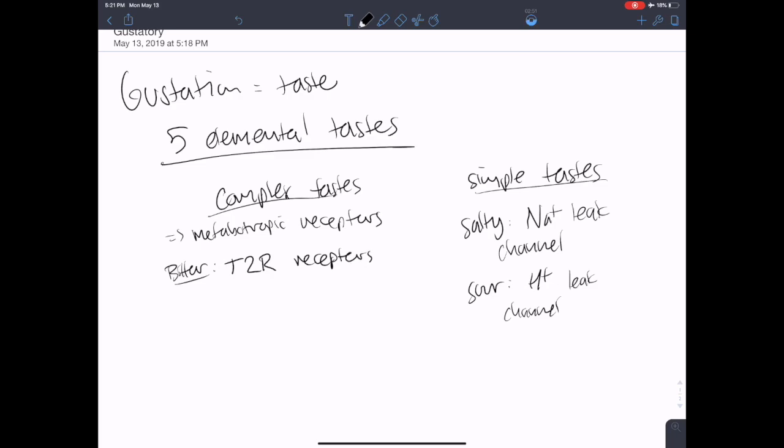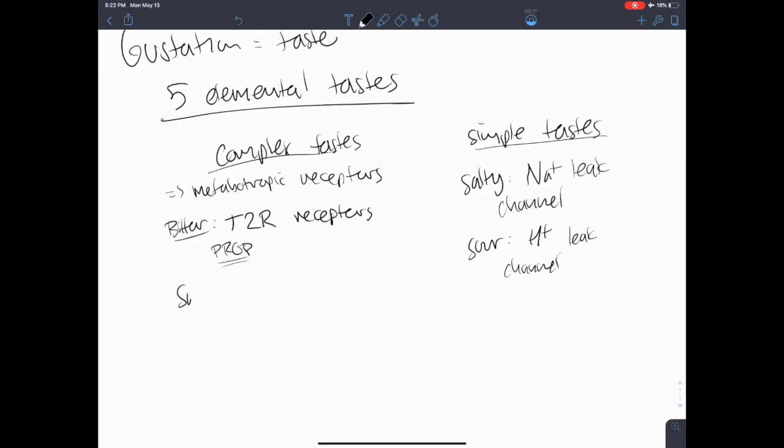So if you've ever done that test where you put the piece of paper on your tongue and determine whether or not you actually experience it, what you're testing is how many of these T2R receptors you have. That chemical is called PROP, so it's 6-N-propylthiouracil. Don't memorize that.